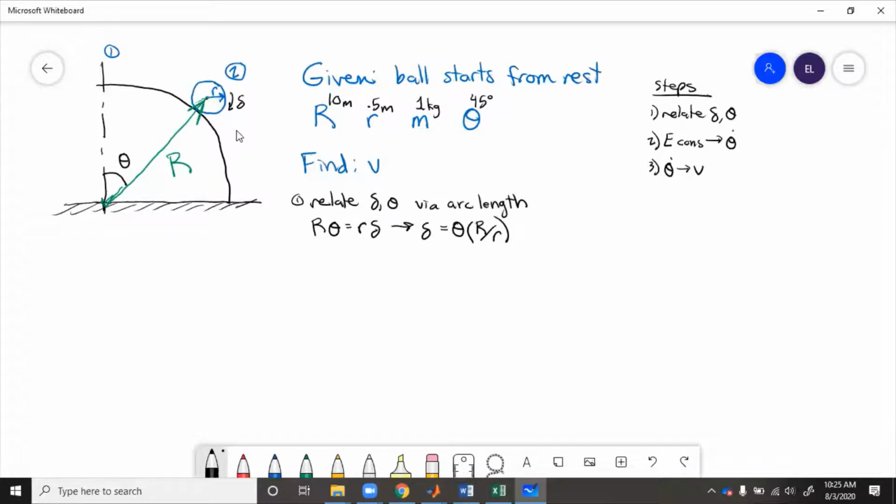So reality check, that looks pretty good. So we put the numbers in here, then delta is going to be 45 degrees times 10 over 0.5. So that is 900 degrees.